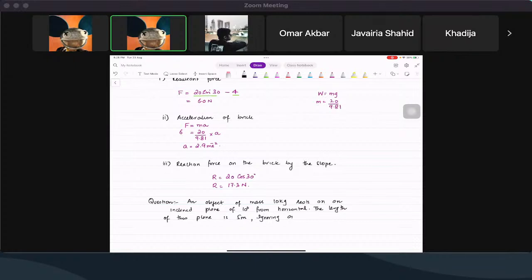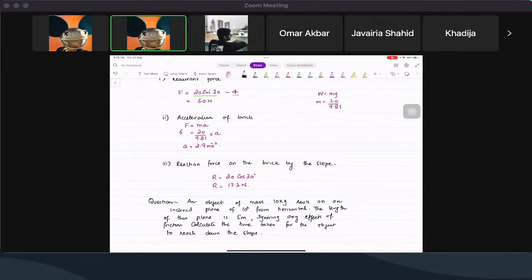Ignoring any effects of friction, calculate the time taken for the object to reach down the slope.